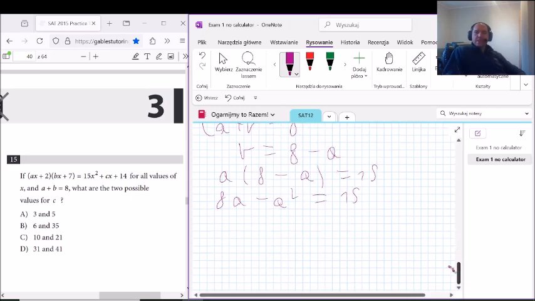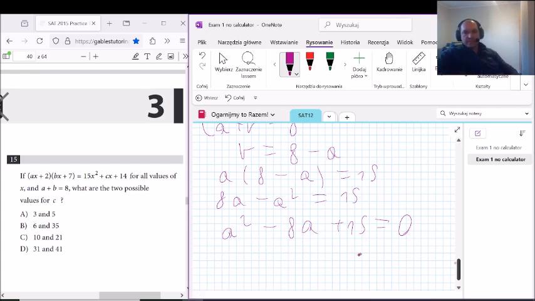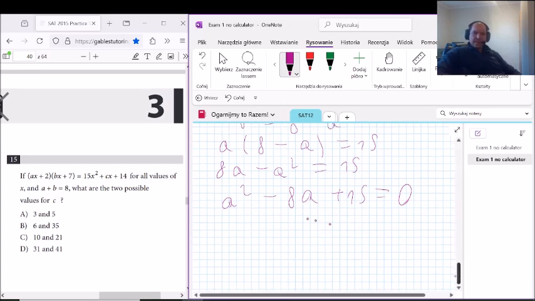So it's a quadratic equation, so we can solve it in a standard way. Let's put all of this on the right side, and we get a squared minus 8a plus 15 equals 0. Now we can calculate delta. I'm not sure how it is in other countries, but here in Poland, when we have quadratic equations, we almost always solve them using delta.